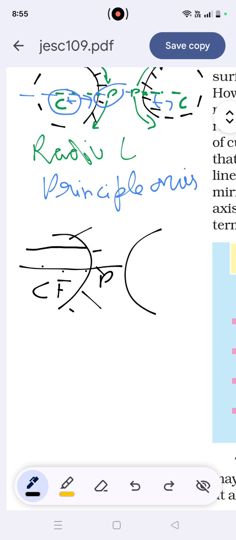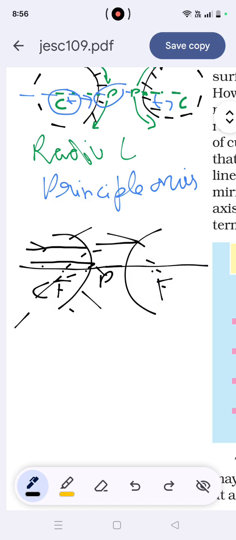When a parallel ray is incident on the mirror, after reflection it passes or seems to pass through a single point, that is known as the focus.